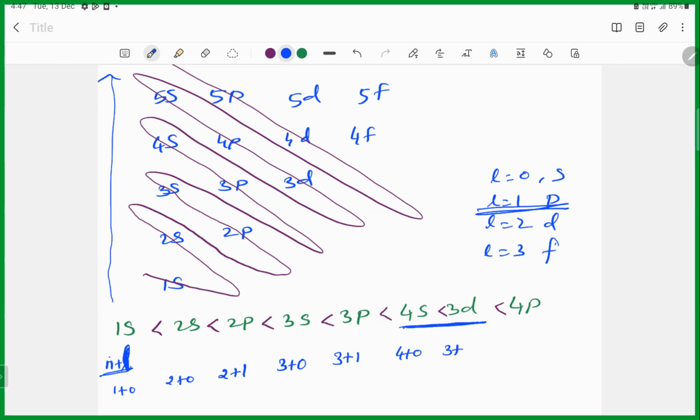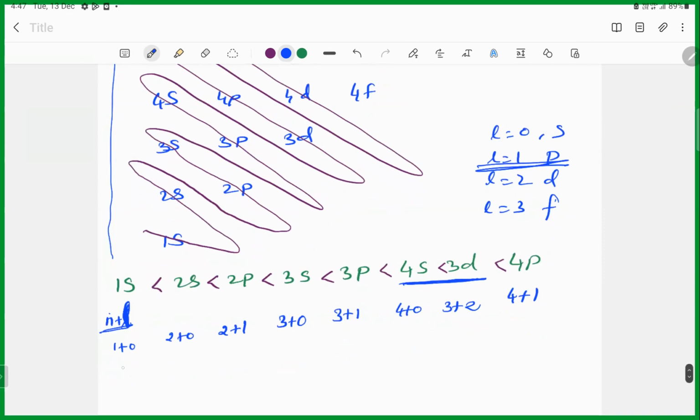For 4p orbital, 4 plus 1. So now you calculate: 1, 2, 3, 3, 4, 4, 5, 5.